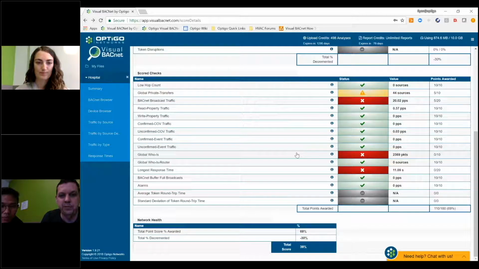The who-is is an interesting number. What happens here is that different vendors' systems go and trawl the network for new devices every so often. Those are done in a who-is. Segmented who-is are also in this check along with the global who-is. Just for reference, we are actually looking at separating those, but for now, that's what this means.